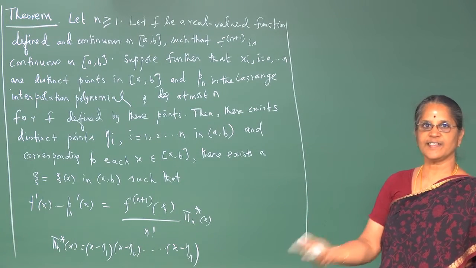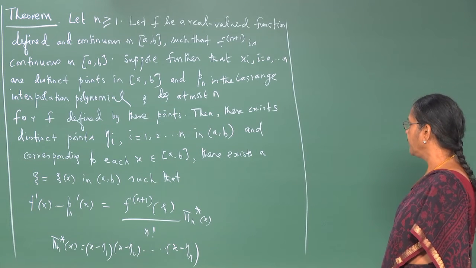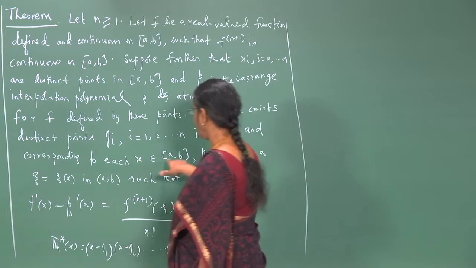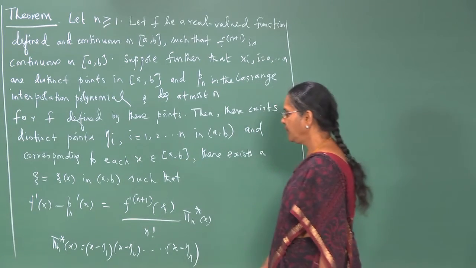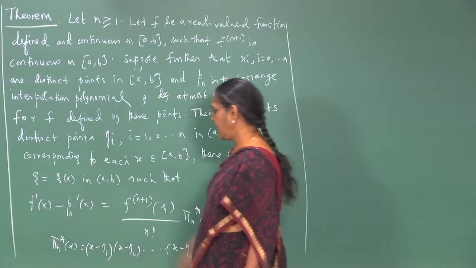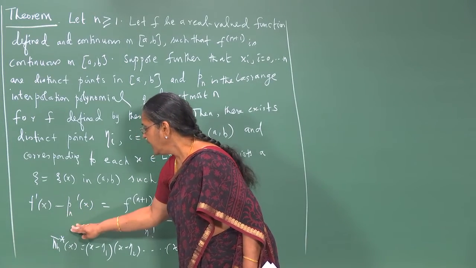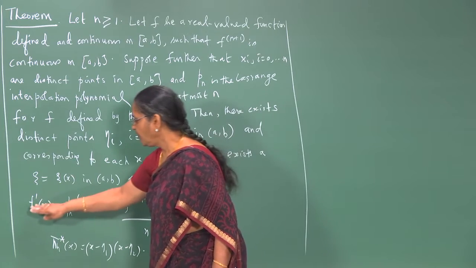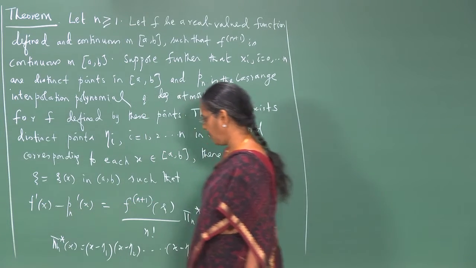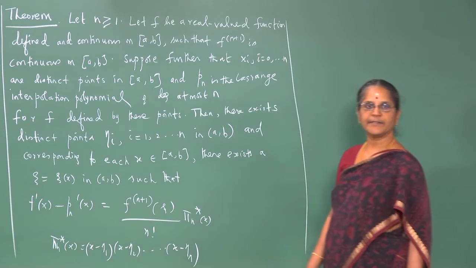You should show the existence of these points eta i, and in addition the result says corresponding to each x in this closed interval a b, there will be a psi depending on x in the open interval a b such that the error in the approximation of the derivative of f by the derivative of the Lagrange interpolation polynomial is given by the expression on the right hand side.